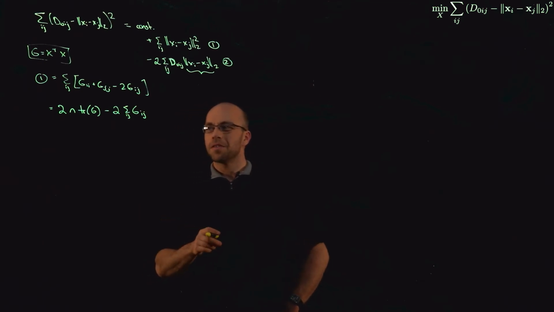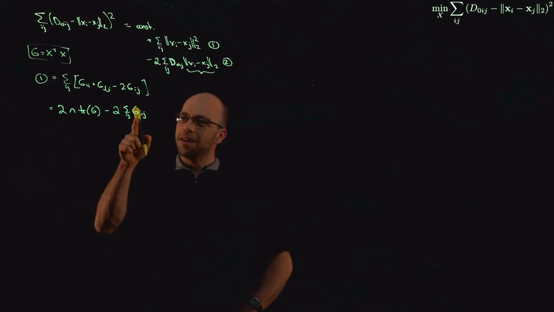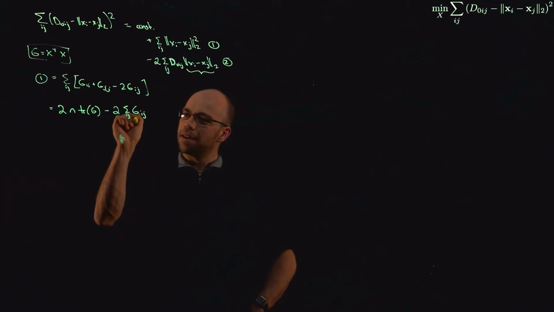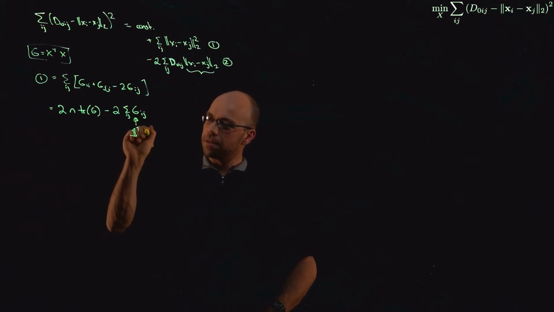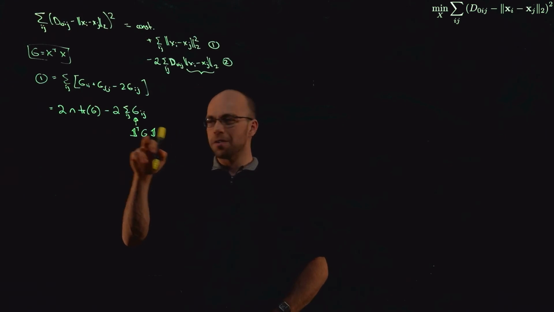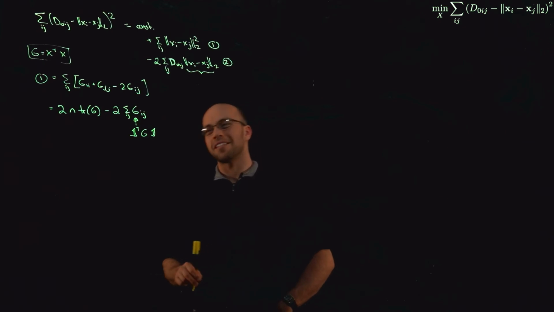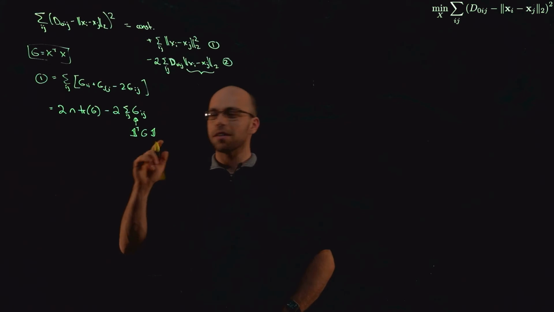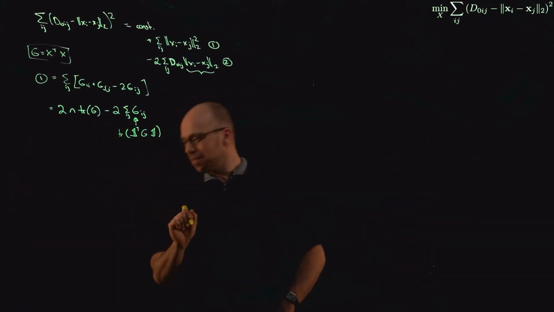Okay, one thing that we know, of course, is what is this sum of an entire matrix? Well, one way that I can write it is that this is the same as 1 transpose times G times 1, because G times 1 is the row sums, and then if I pre-multiply by 1 transpose, that's the sum of the row sums, which is the sum of all elements of G. This is a 1 by 1 matrix, so it's equal to its trace. So I can write it in this complicated way, if I really wanted to.